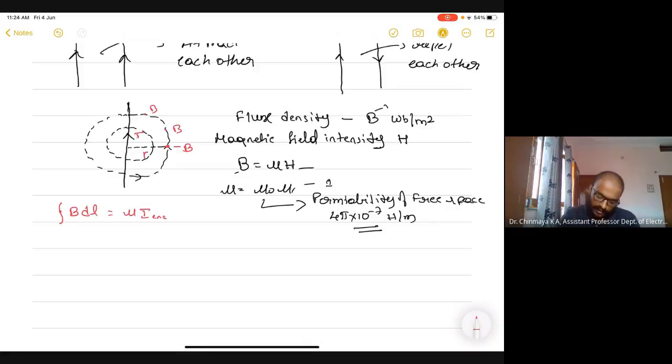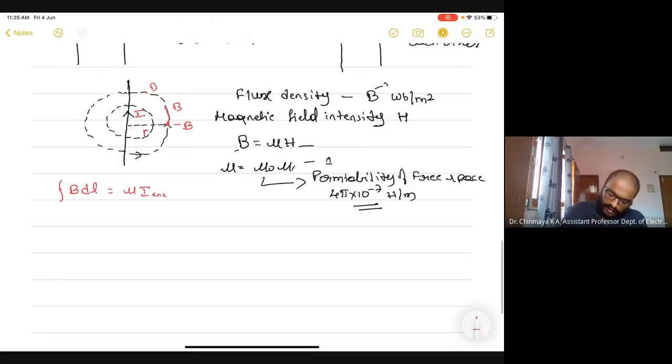By using Ampere's law, as we know that the magnetic field is produced because of the current carrying conductor, the closed integral of the magnetic flux density B dl, where dl is the length of a small element, will be equal to mu into I enclosed.